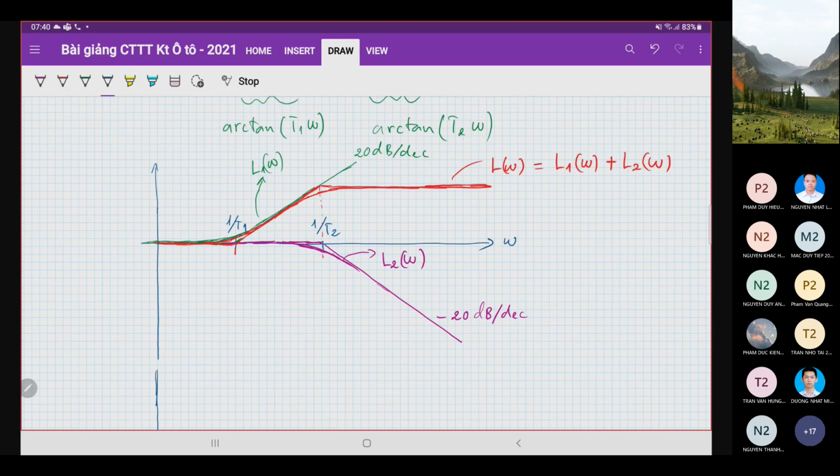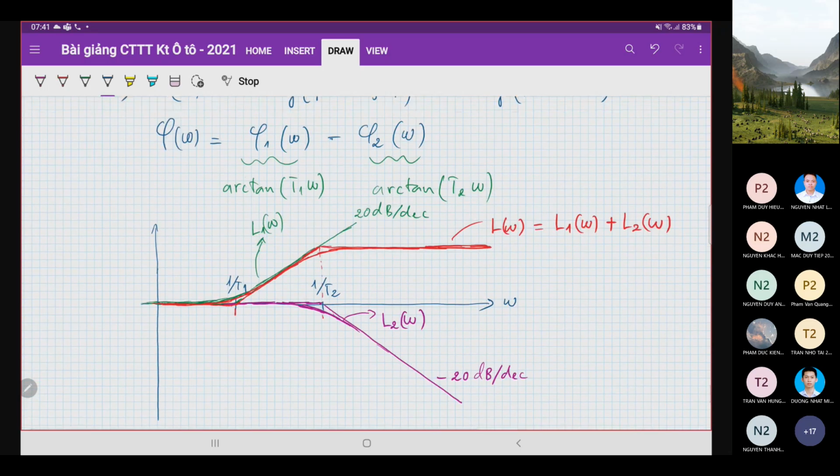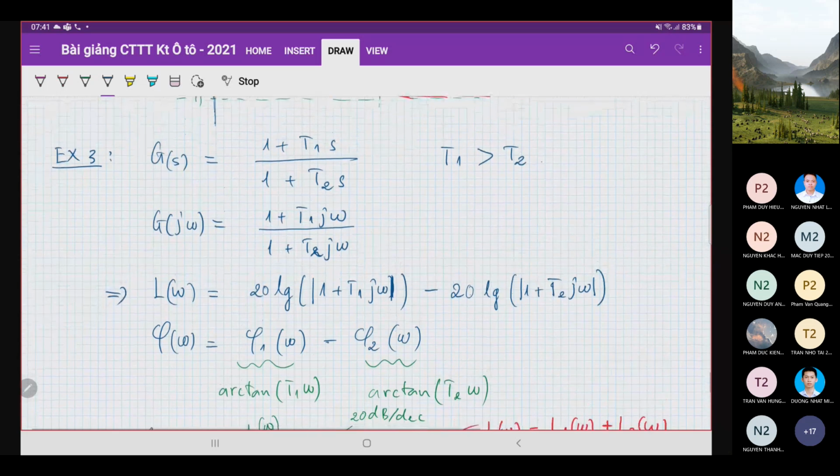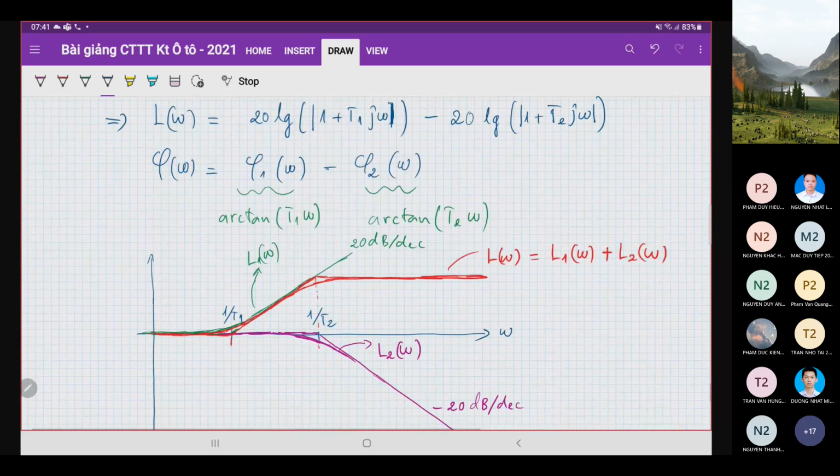For low frequency it has a factor equal to 1, and the higher frequency has a factor of course greater than 1, and we can calculate this one. That means here it is T2 over T1, or T1 over T2. Yes, T1 over T2.